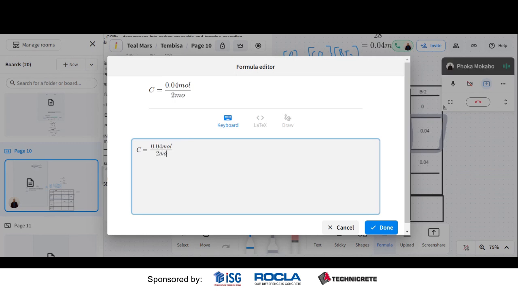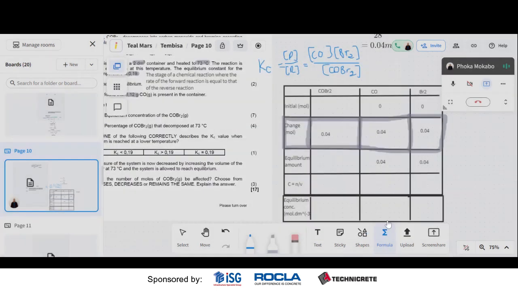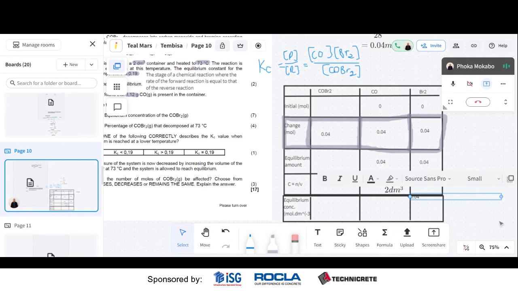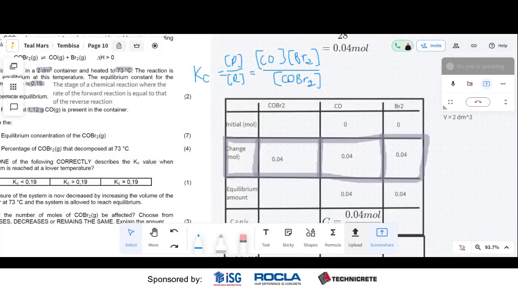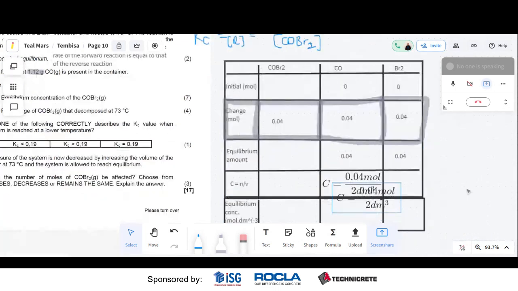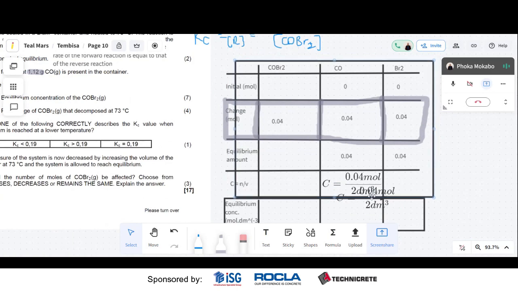What I'm saying essentially is what we have over here, and exactly that is what we have over here as well.